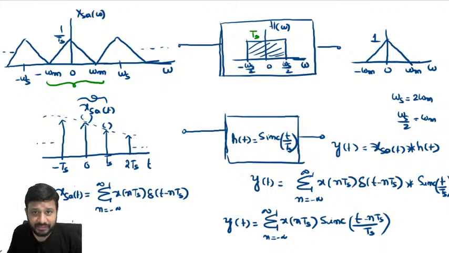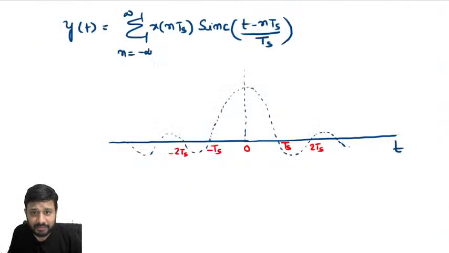So its shape will be like this. Shifted sinc functions you are going to get. It is going to come like this. This is for n is equal to 0. This is for n is equal to 1.